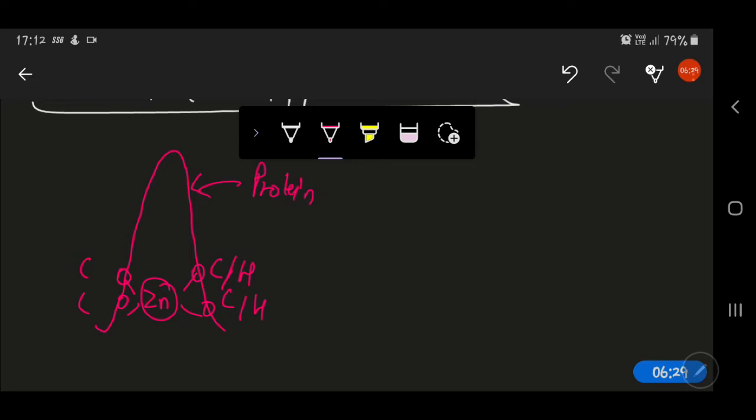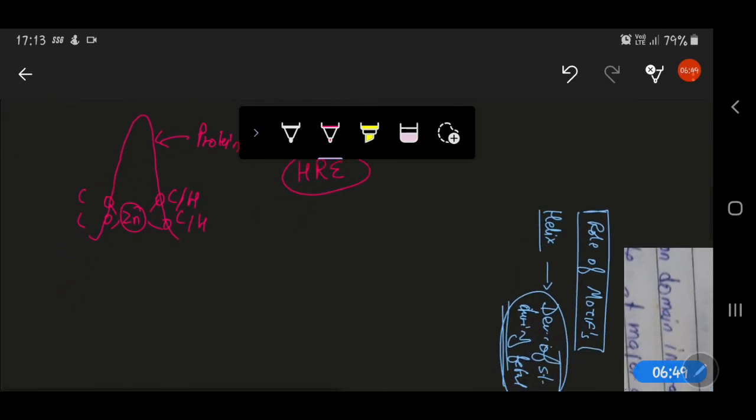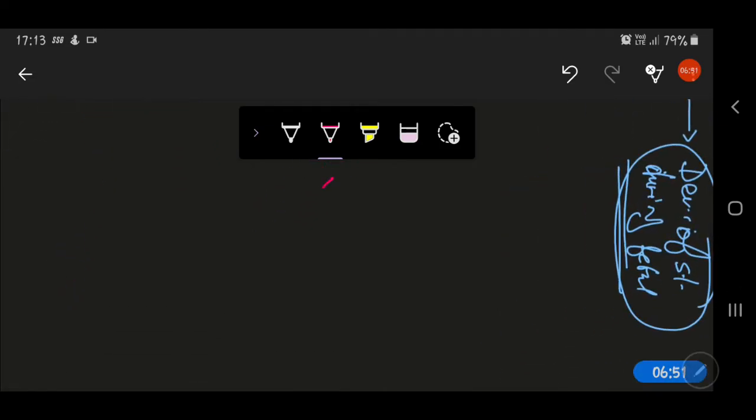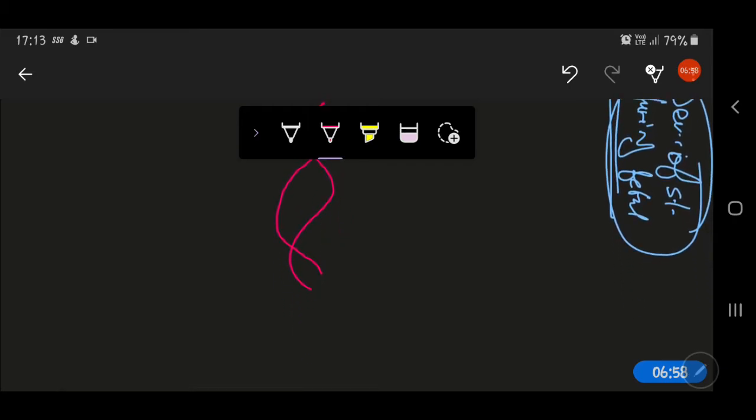The zinc finger motif has a role in the intracellular receptor to which steroid hormone binds. You might have heard about the hormone receptor elements in the DNA. Zinc finger motifs help in their regulation. Now how do they attach? Let this be the DNA.